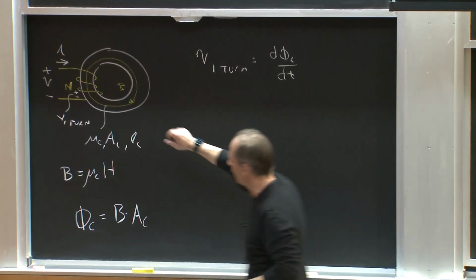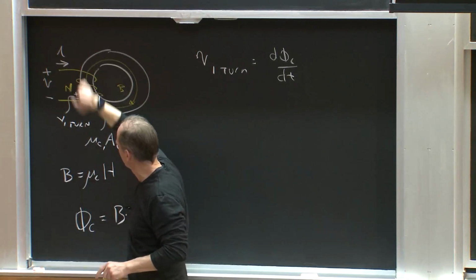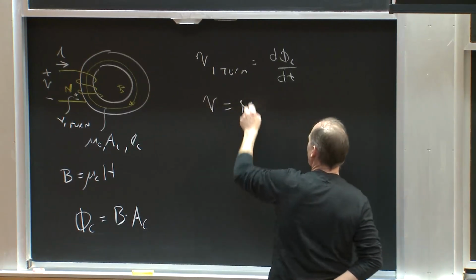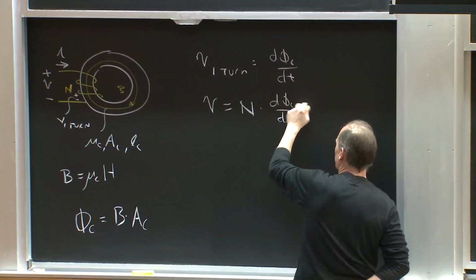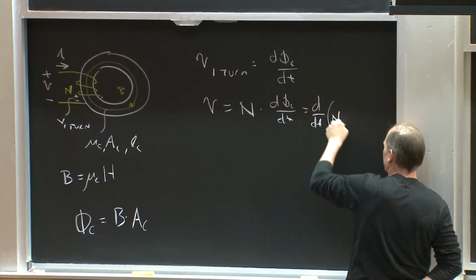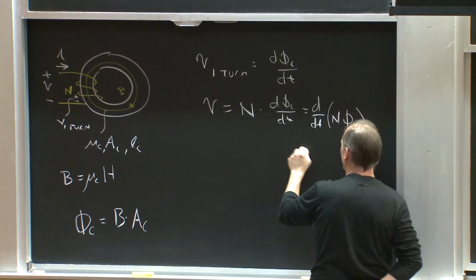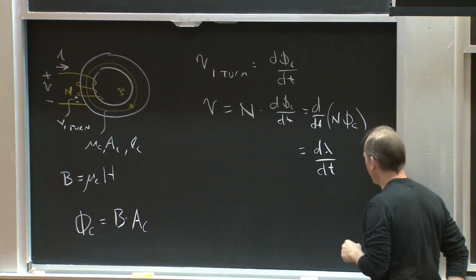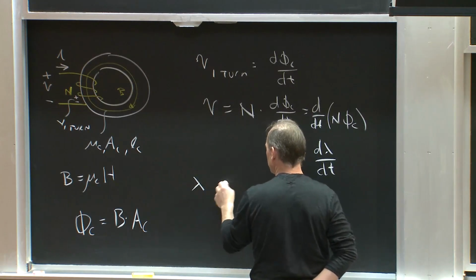And then if I have N turns, I have a voltage on this turn, a voltage on this turn, a voltage on this turn. The total voltage would be equal to N times d phi core dt. Or we could write this as d dt of N times the flux through the core. And we would often write this as d lambda dt, where lambda is the flux linkage.